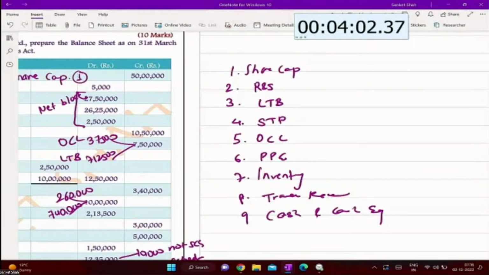Now this question is of 10 marks. So beta, I will give you 16 minutes, not 20. 16 मिनट रहेंगे आपके पास.